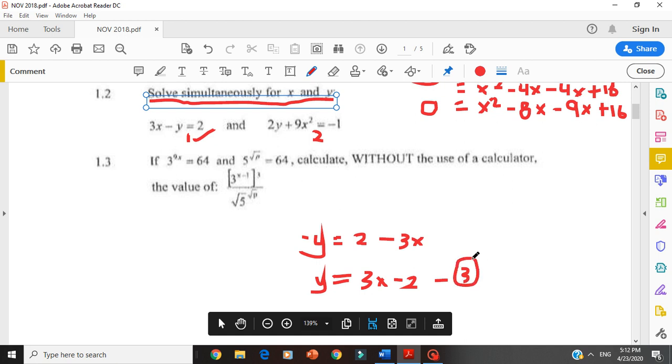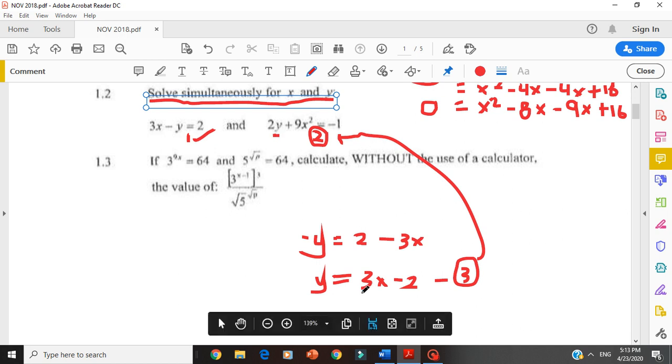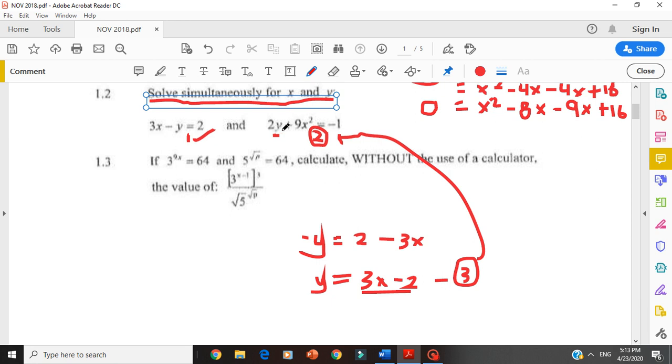You will then take equation 3 and substitute it back into the unused equation, which will be equation 2. Wherever I see y, I'll substitute in 3x minus 2. So this will be 2 times 3x minus 2 all around in brackets.